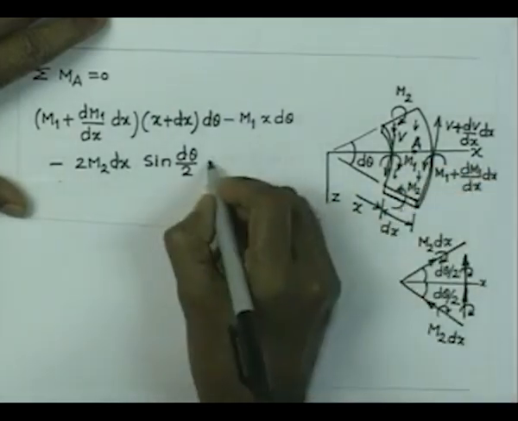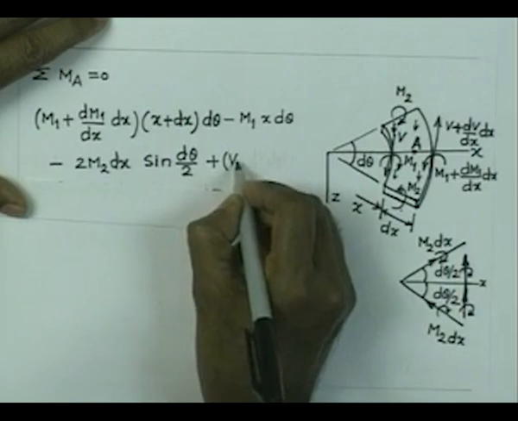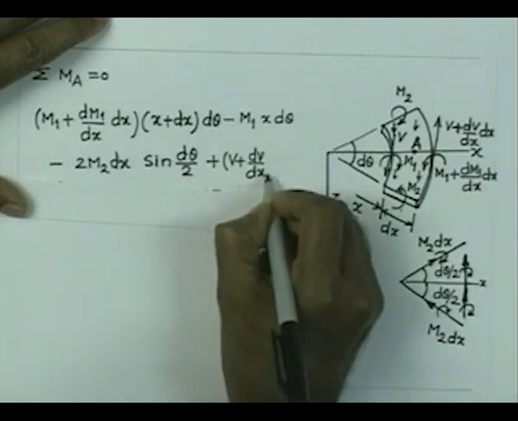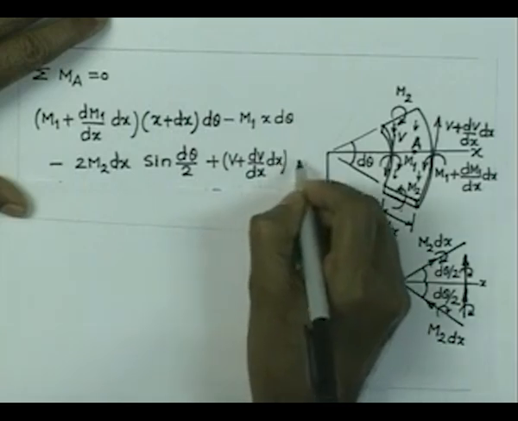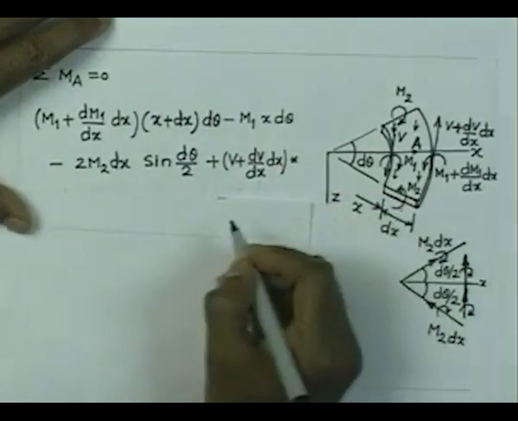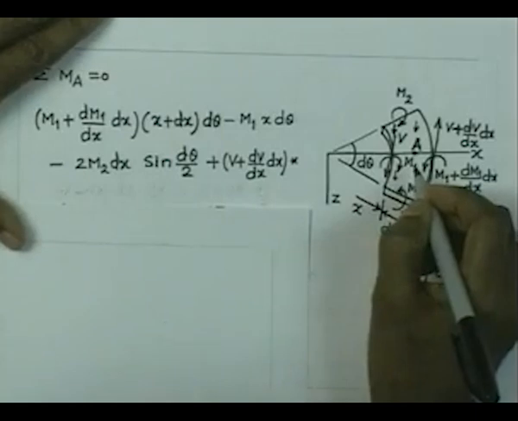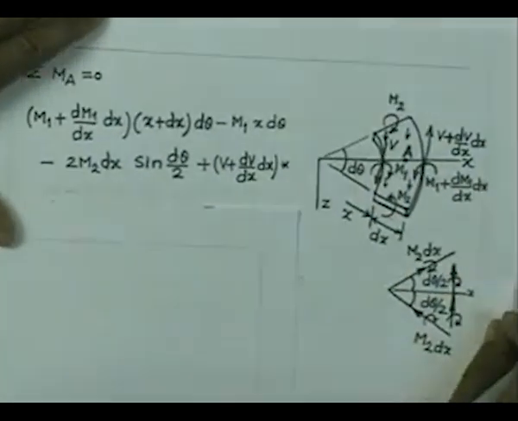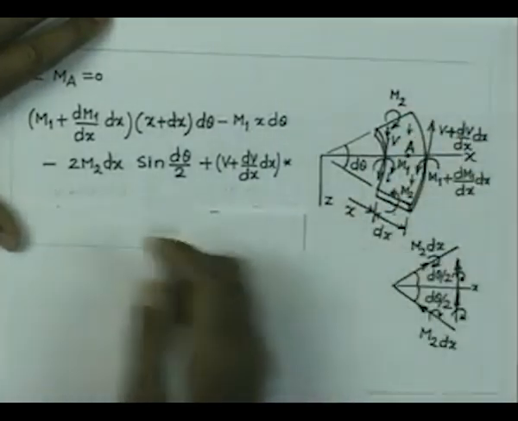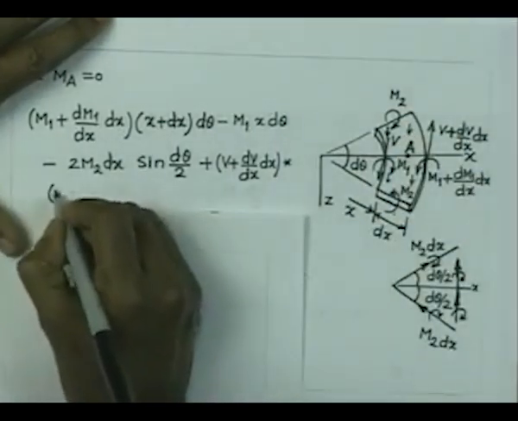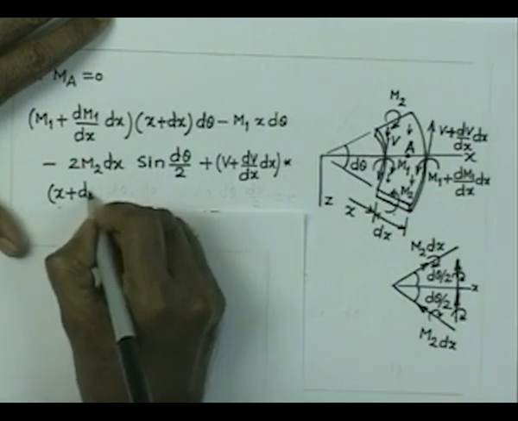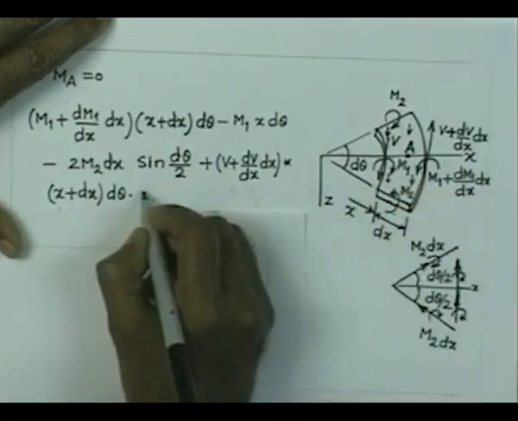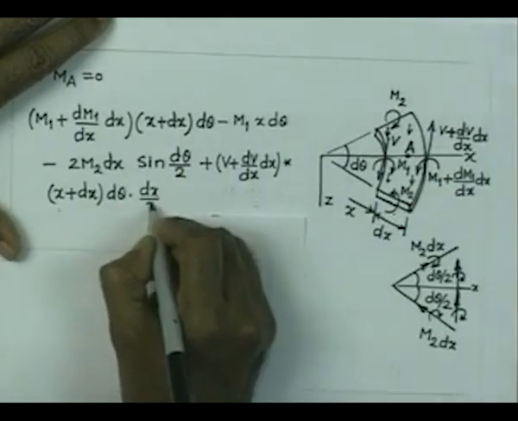If we consider first this one, it is nothing but V plus dV/dx into dx, and that is the intensity, and the distance over which it is acting is x plus dx into d theta, and the moment arm is nothing but dx by 2.